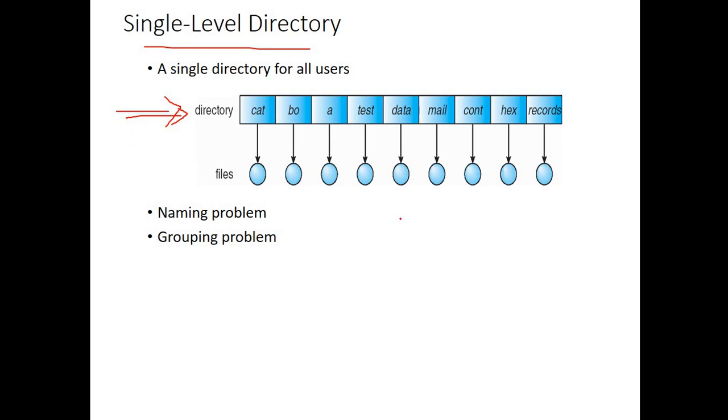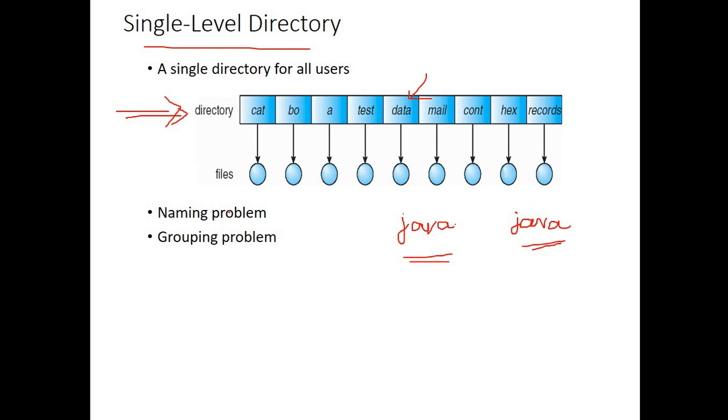For example, if I have Java files and another user also has Java files, I want to create a directory named Java. Another user also wants to create a directory named Java. Here a name clash will come if both users try to create a directory named Java in this single level directory structure.